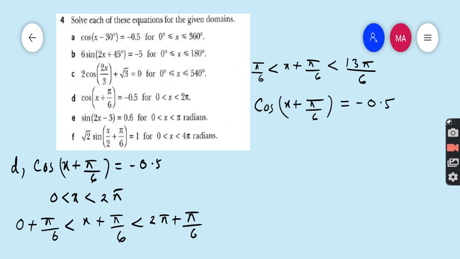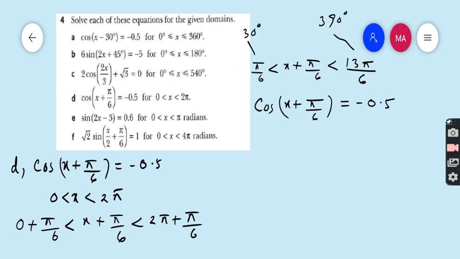If you convert this pi by 6 into degrees, you will have 30 degrees. And if you convert 13 pi by 6, you will have 390 degrees. It means you have to find all angles from 30 to 390 degrees. I wrote degrees just for your easiness.